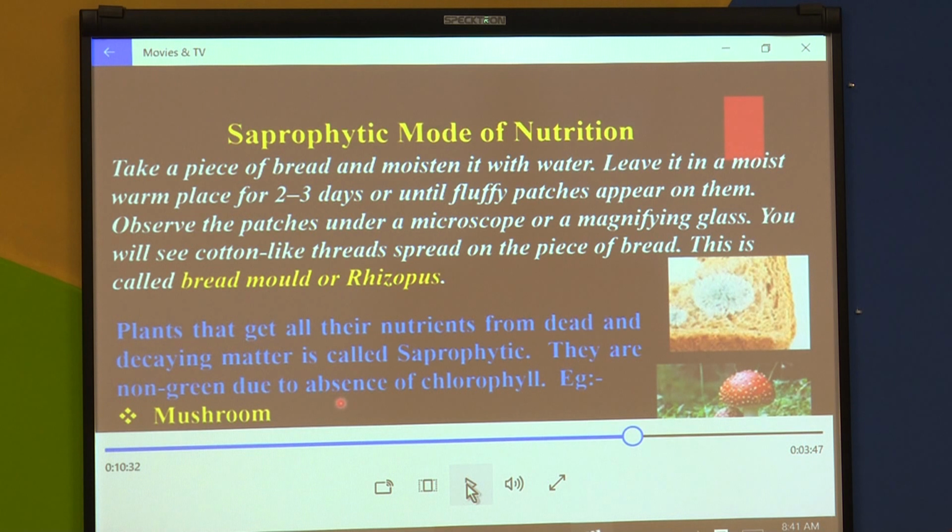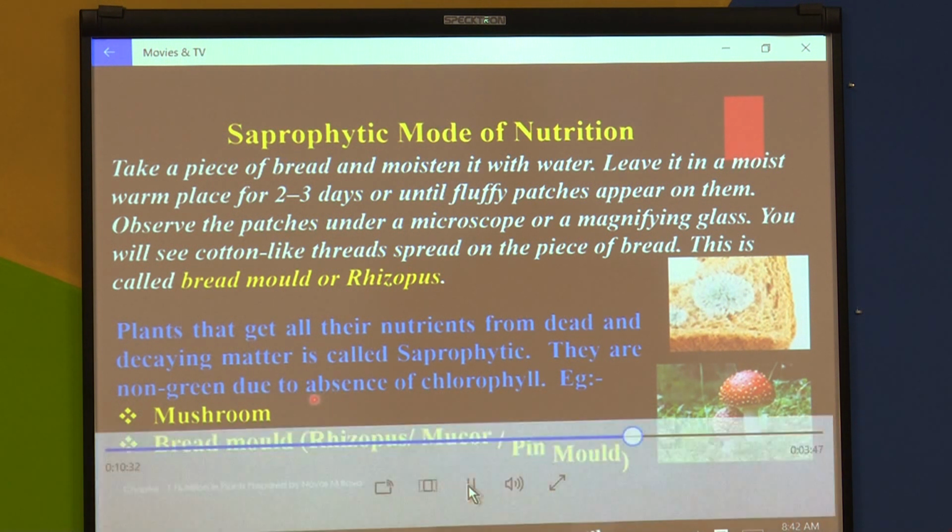Anywhere there is dead or decaying matter of plants or animals, these types of plants can grow on it, and these plants do not have chlorophyll. That is why they are called non-green plants.